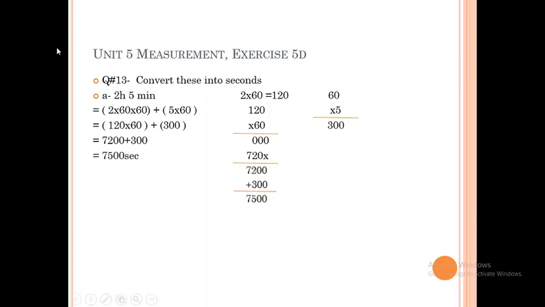Now the third question, hours and minutes. So first convert hours into seconds, convert minutes into seconds and then add them. Then you will get the total seconds of the given quantity. Not very difficult, but use the working column. Do not try to solve verbally, then you will make no mistake.